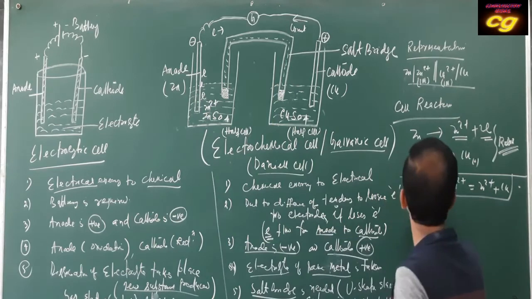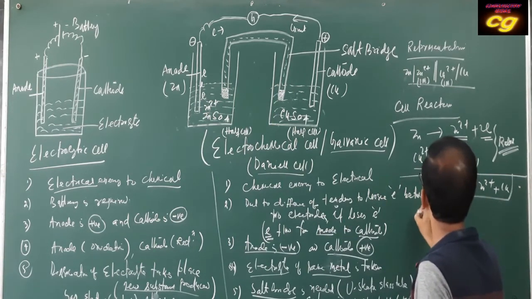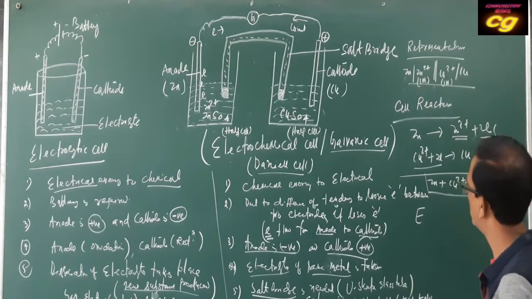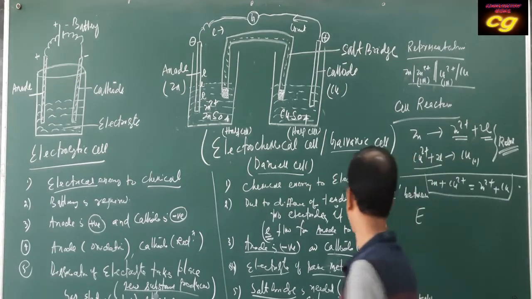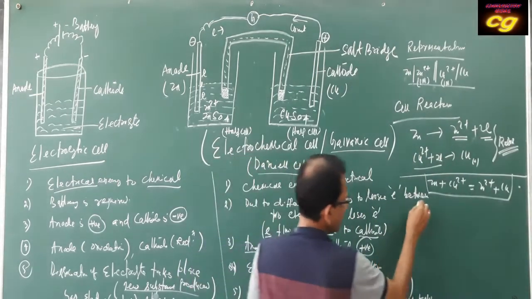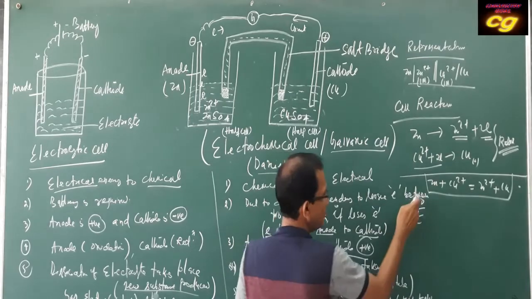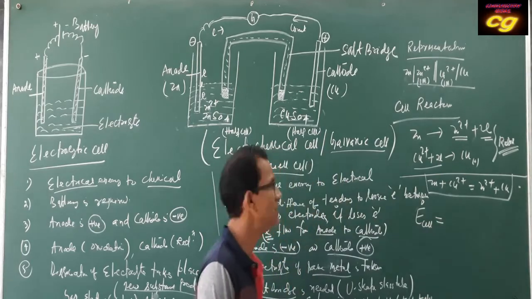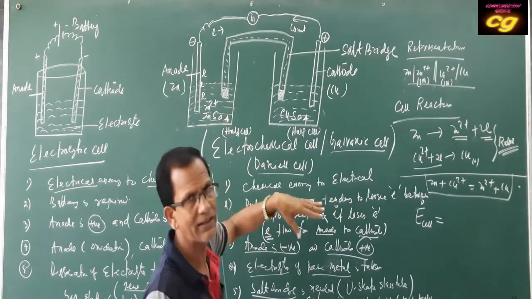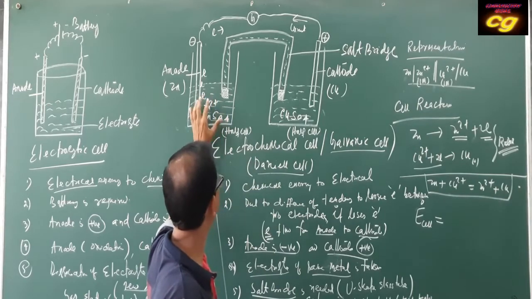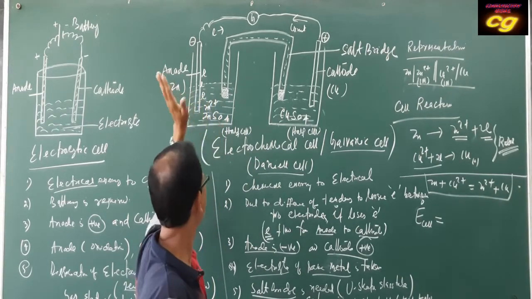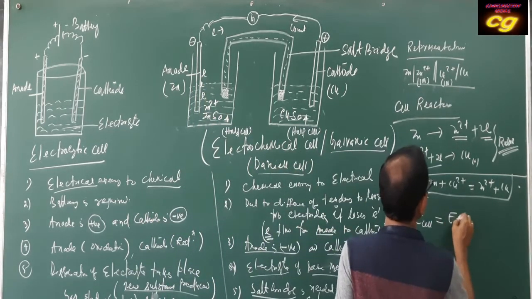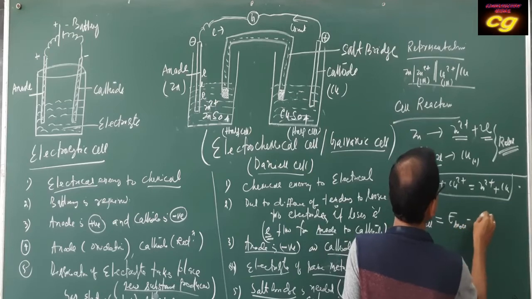You have already read in class 11 that electrode potential has the standard value symbol E naught. E naught of cell, if you write in terms of potential difference of anode and cathode, is equal to E anode minus E cathode.